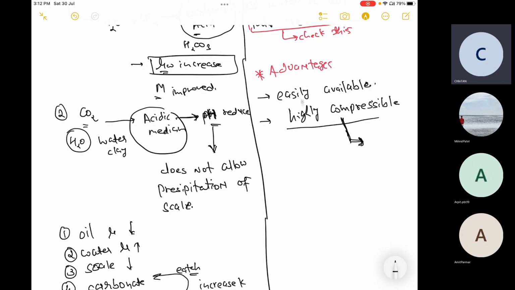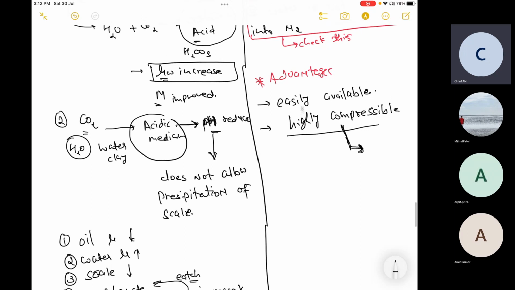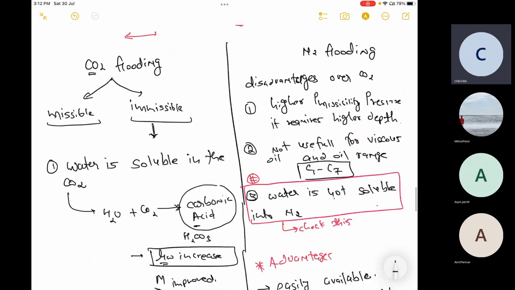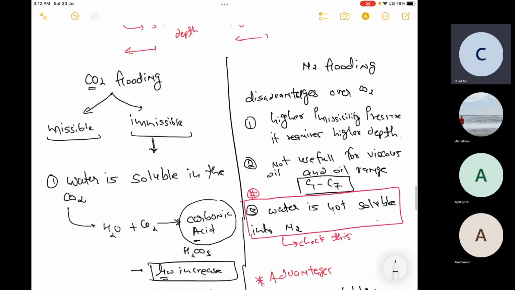There is nothing to compare between these two methods. If CO2 is available, then we always use CO2. But in case of unavailability of CO2, we can go with N2 because it can work similar to CO2.